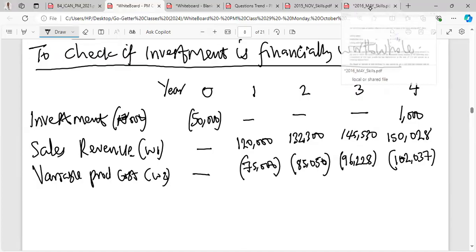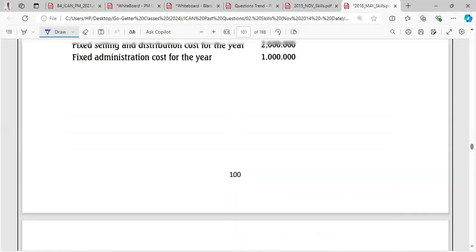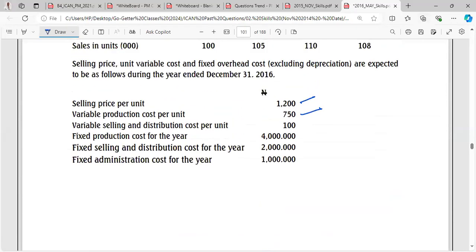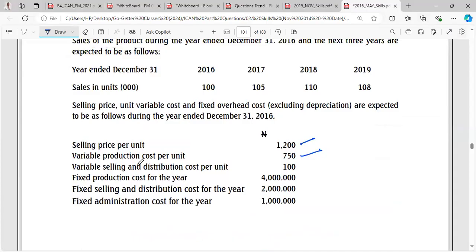The next one is variable selling and distribution cost per unit.